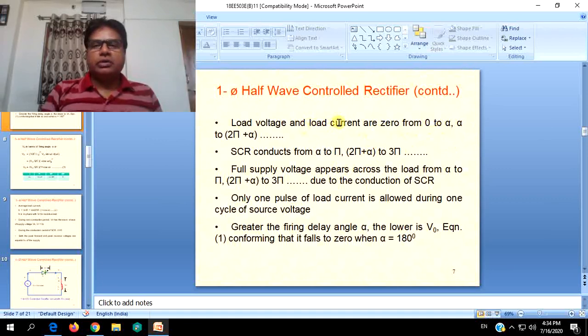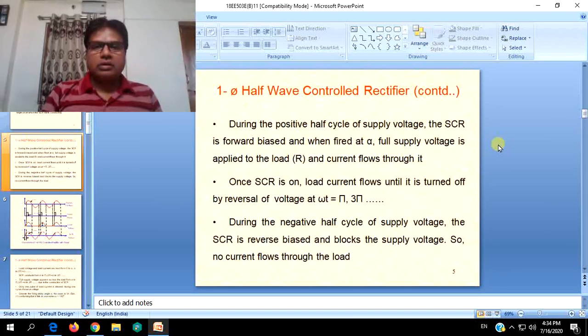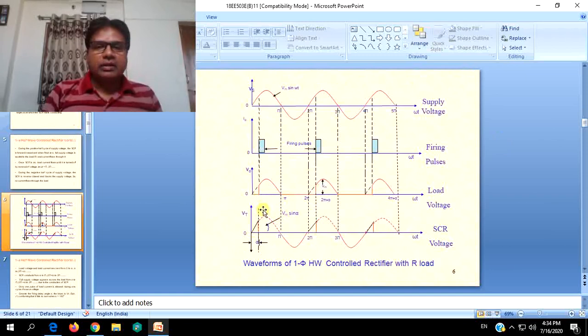From 0 to alpha they are 0, and also from pi to 2 pi, and also till the next firing instant, that is 2 pi plus alpha. So from 0 to alpha, and also from pi to 2 pi plus alpha, and also from 3 pi to 4 pi plus alpha. We can understand like that.